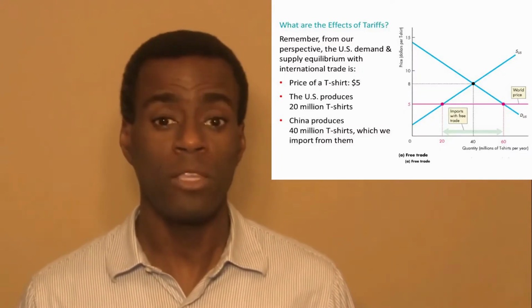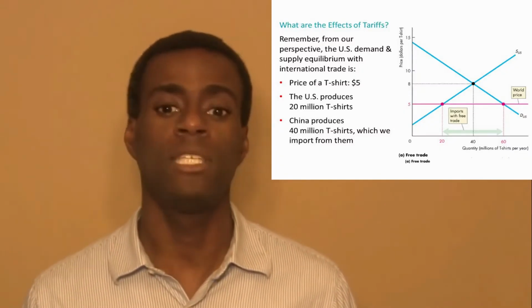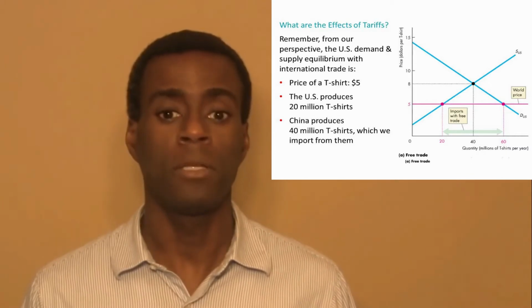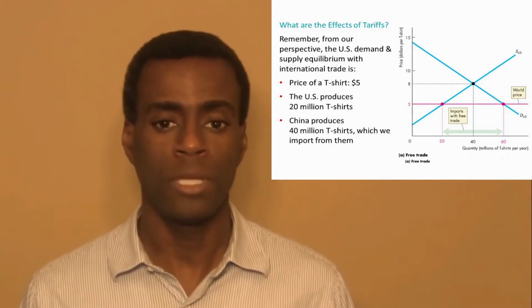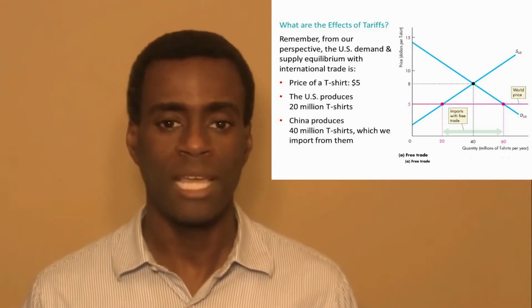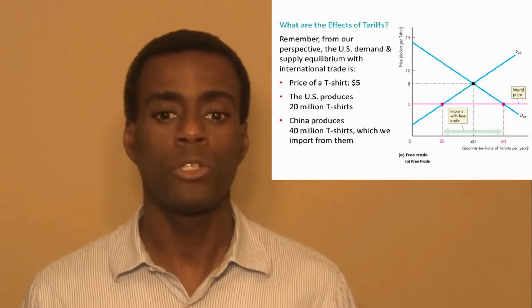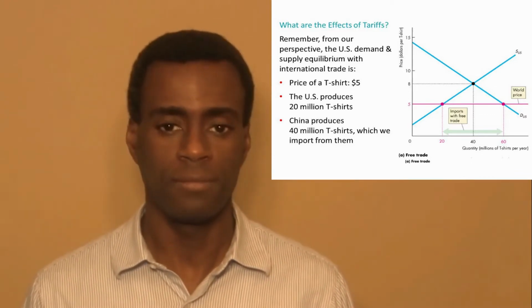Remember the example that we took from that other video lecture where the US was importing t-shirts? US manufacturers originally produced t-shirts for $8, but after the country allowed for international trade, t-shirts were now sold at $5.